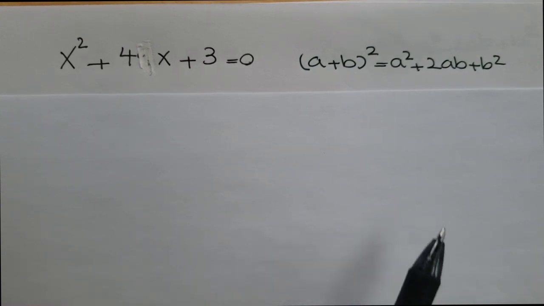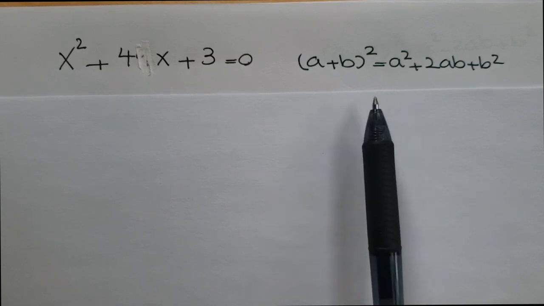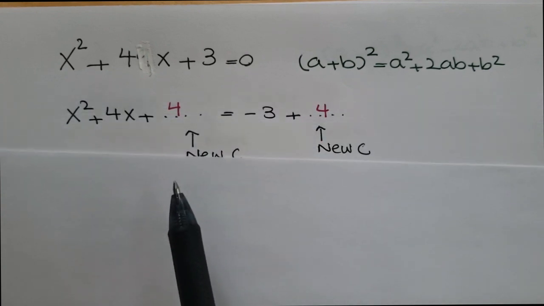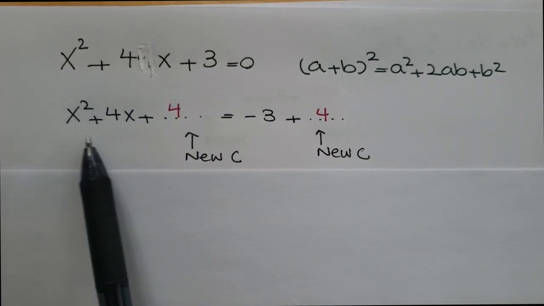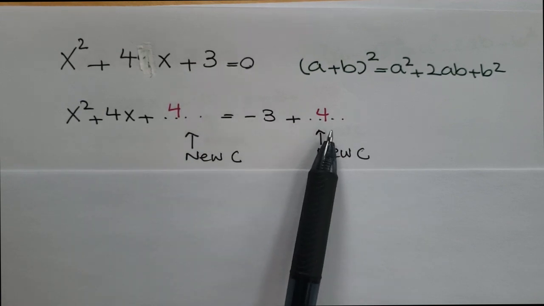So again, I put this formula, the pattern, here as a reminder, because this is the pattern you should be using. To proceed, as I mentioned, you have to move the constant, which here is 3, to the other side.